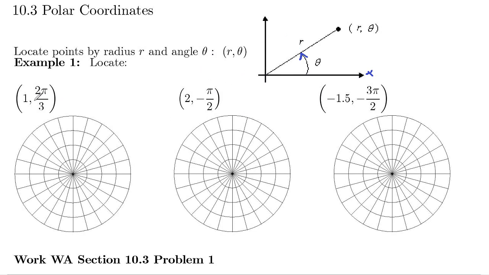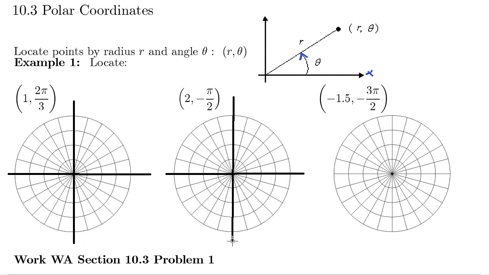So for example, if we want to locate the point 1, 2 pi over 3, let's actually get our x-axis in here. So there's our x-axis and our y-axis. And then these polar grids that I've got here are set to mark off in twelfths of pi.